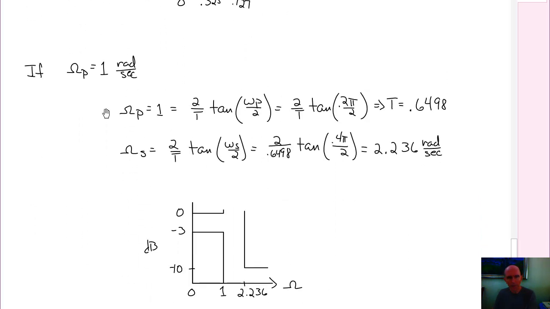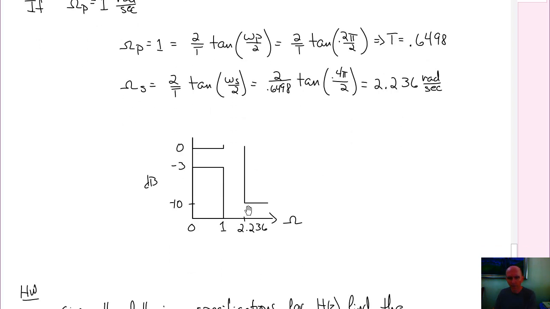On the other hand, sometimes we want omega p to be equal to 1, and if that's the case, we substitute in here omega p equal to 1, we solve for T, and once we get T, we use it in the second equation to solve for omega s. And so these would be the solution in that case.